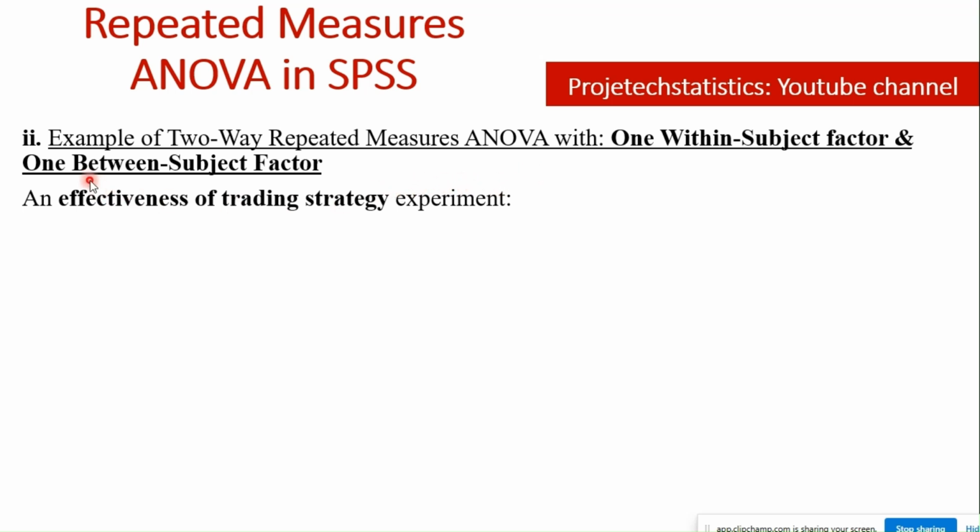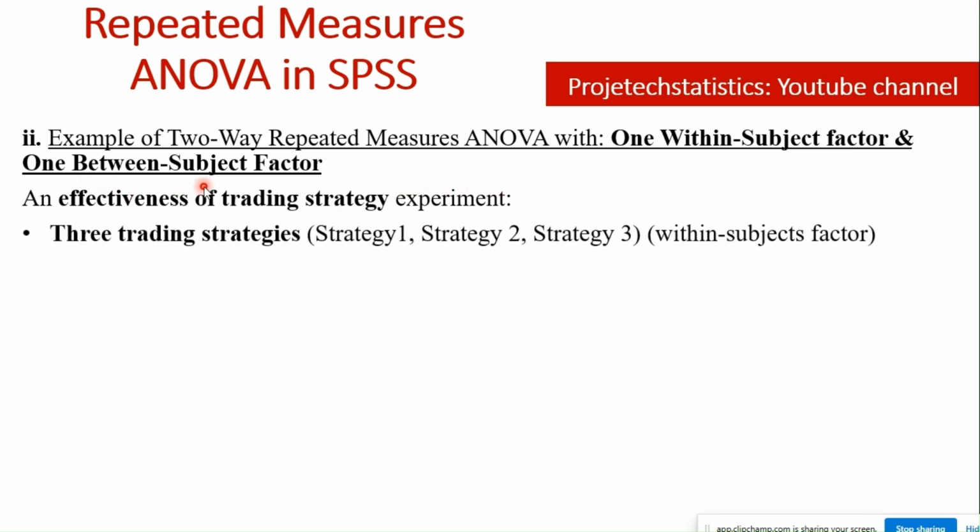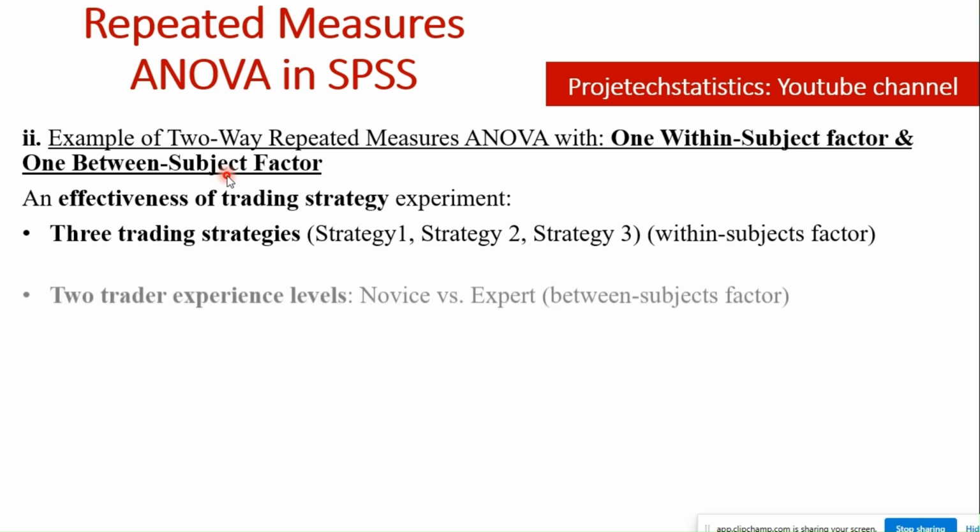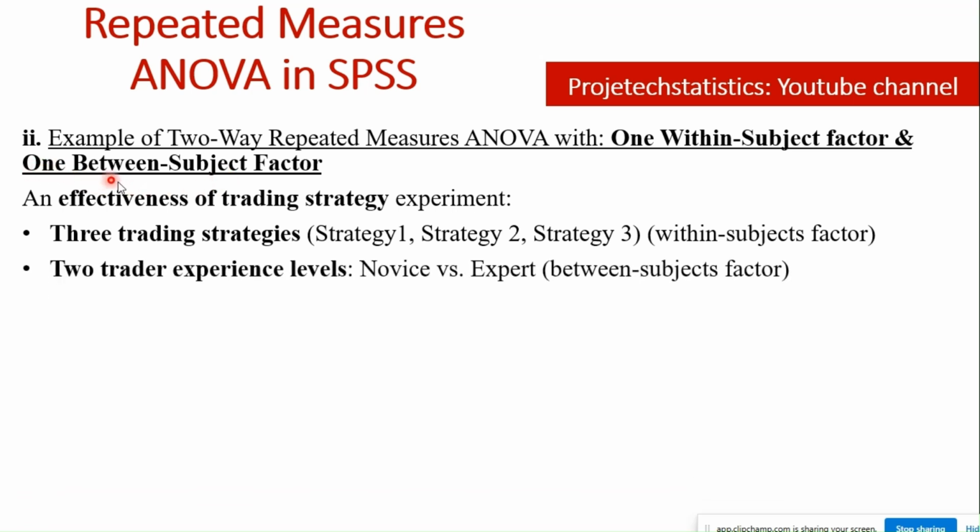Why do we have one between group factor? Because we are going to have subjects that are divided into two groups. Anytime you have a between subject factor, that means the individuals involved in the experiment are divided into two groups. That is when you normally have between subject factors.